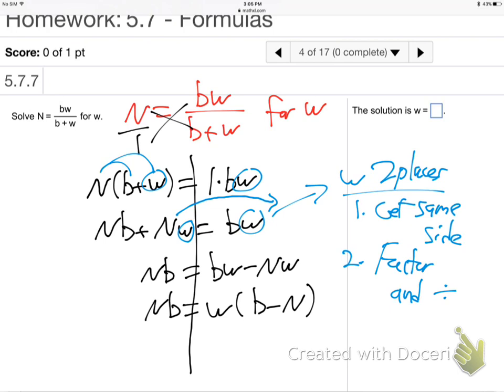Then divide by B minus N. And then divide. Like that. Is that good? Does that make sense there? Can I cancel these N's? We know the bottom's glued, huh? So there it is. How we doing?